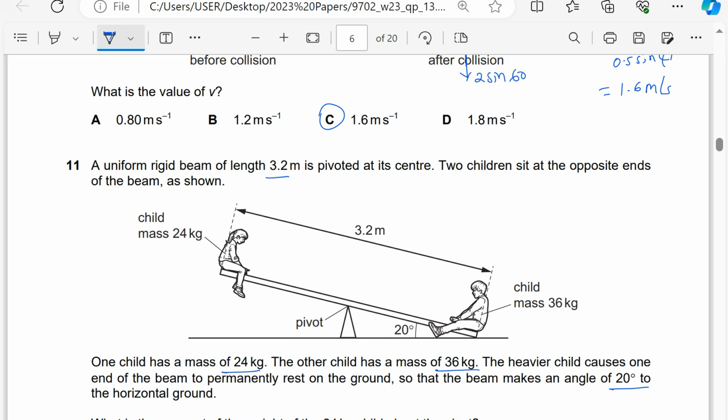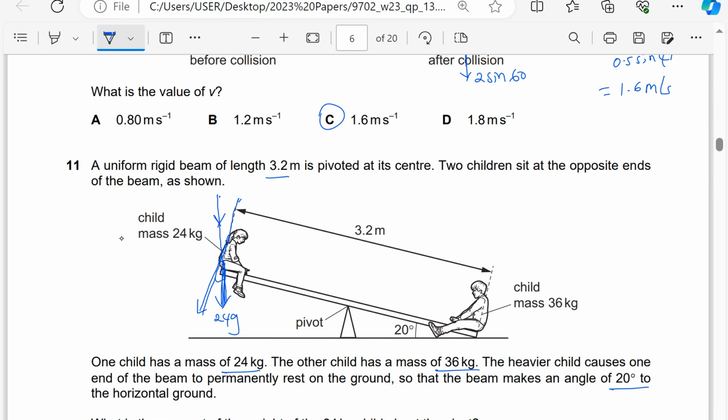So I need the perpendicular distance. I'll just try to draw a line which makes 90 degrees with the perpendicular distance. Remember, the weight of the child acts vertically downwards, and this weight will be 24 times acceleration due to gravity. So I have to resolve the weight in this direction here.